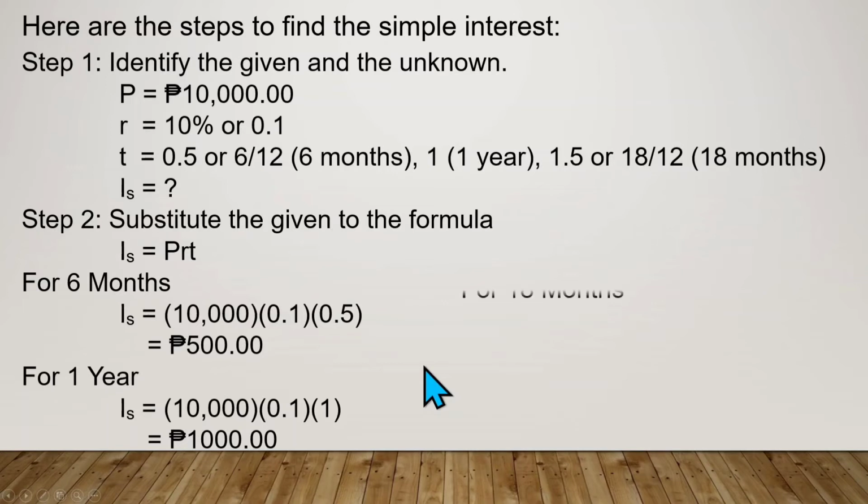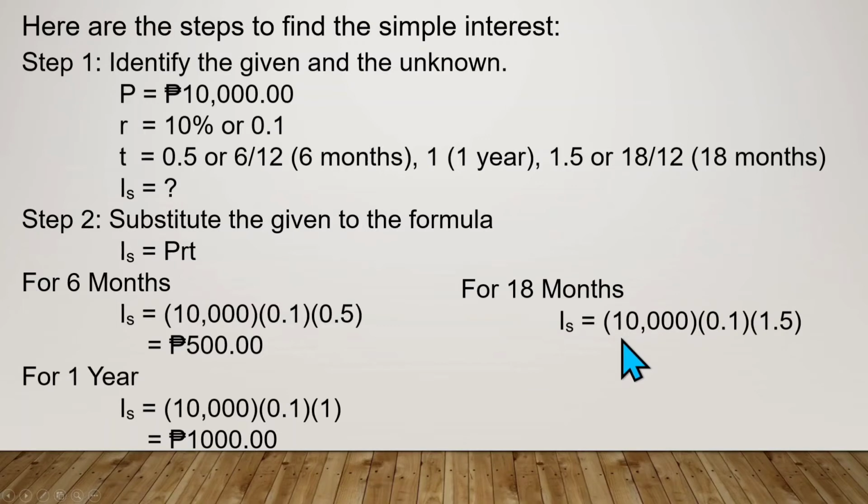Next, we have the one for 18 months. Again, substitute the values to the given formula. Simple interest is equals to 10,000, the P or the principal, times the rate, which is 0.1, and the time or term is 1.5.